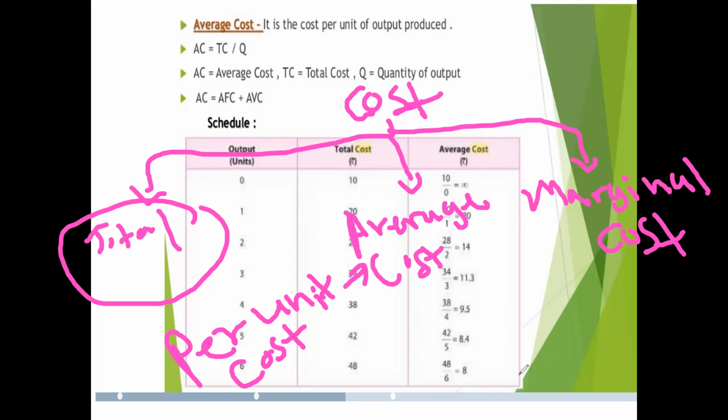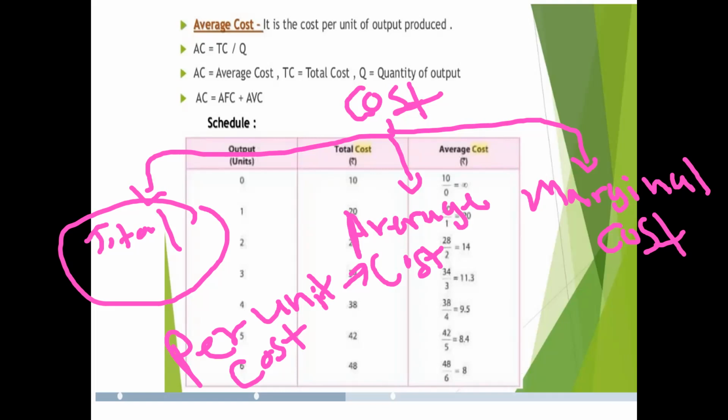If you know the total cost and the number of units produced, very easily we can calculate the average cost per output. To produce one commodity, how much we incur as the cost, that we identify as the average cost. Then the marginal cost.